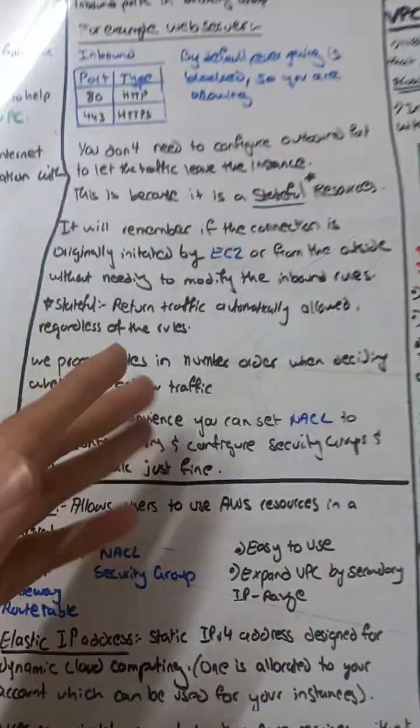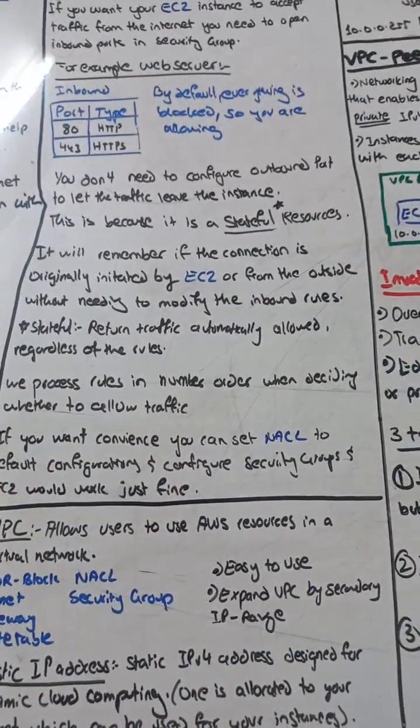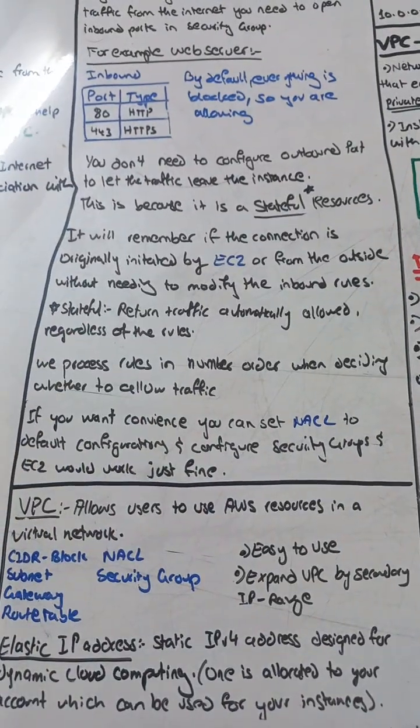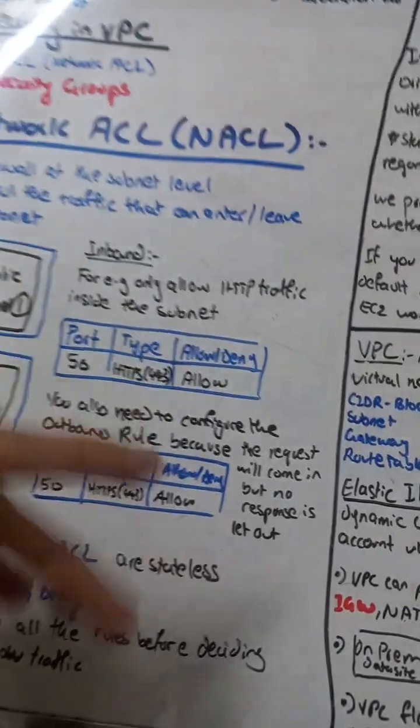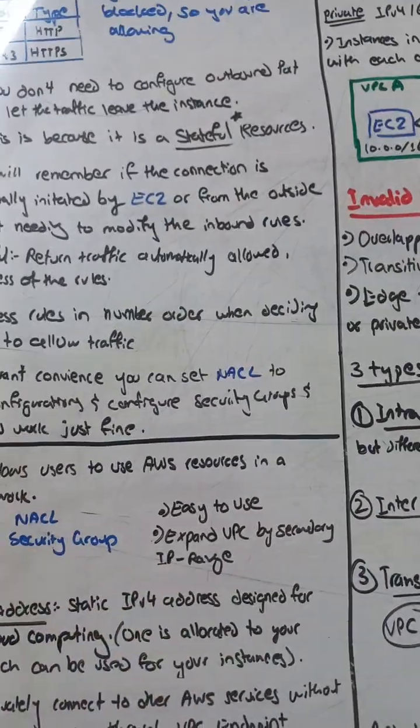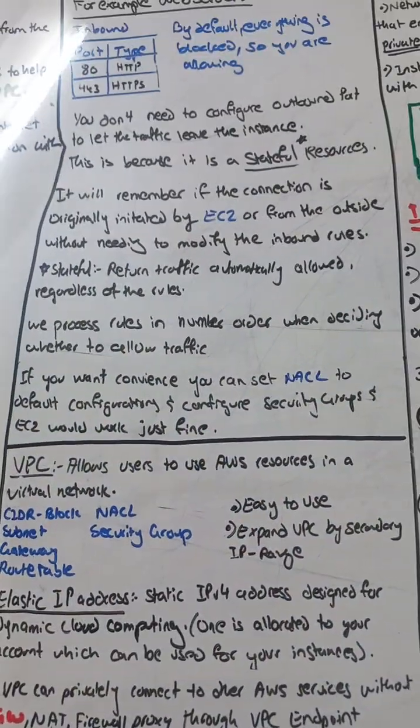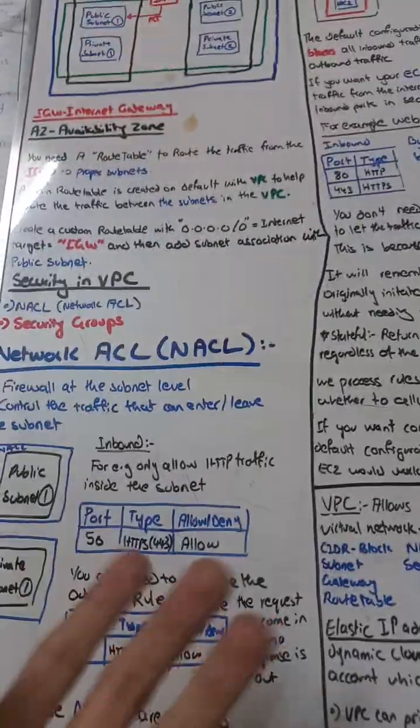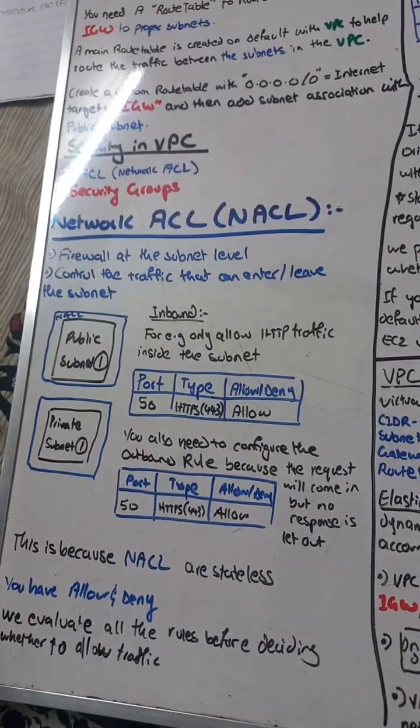Okay, so if you want convenience, you can just set up your network ACL to default configurations, which means you don't have to define your inbound and outbound rules at all, and you can configure your security groups and your EC2 instance will work just fine. Which basically means that when you just create your VPC, you can leave your network ACL configurations as default.